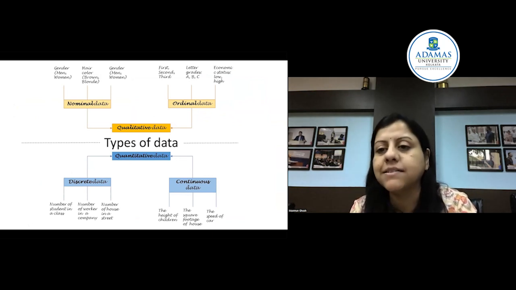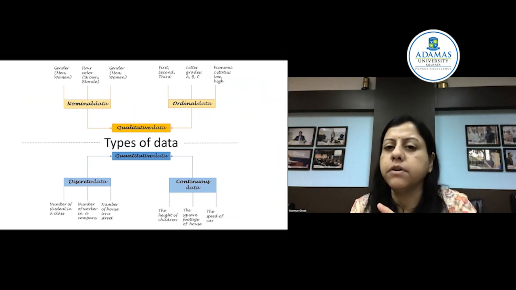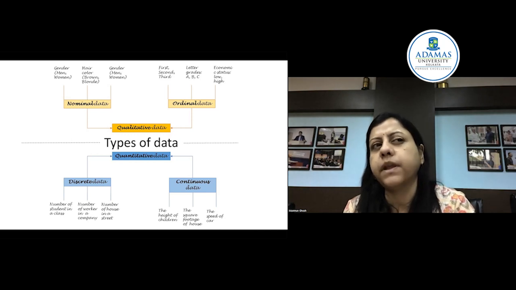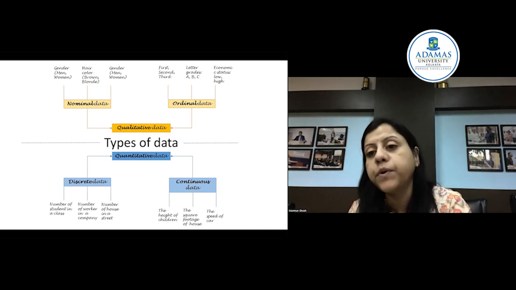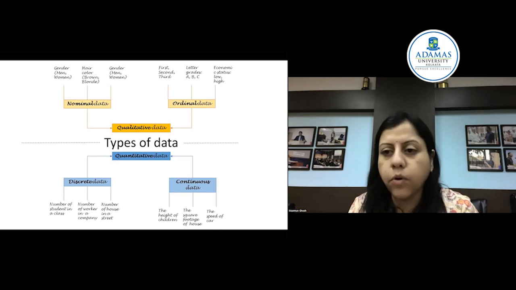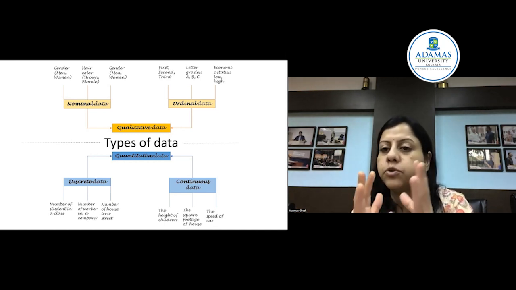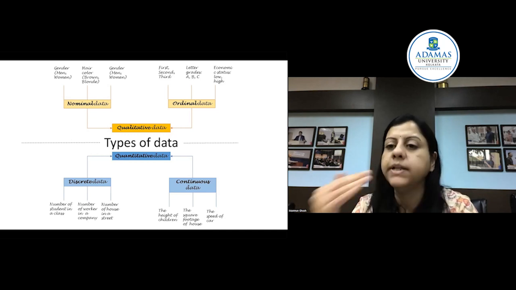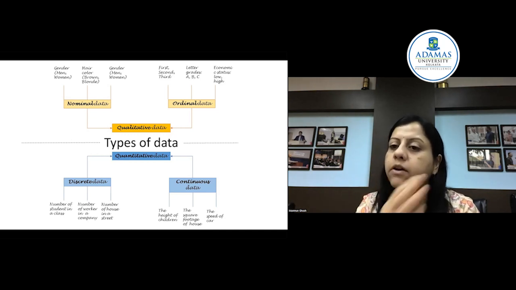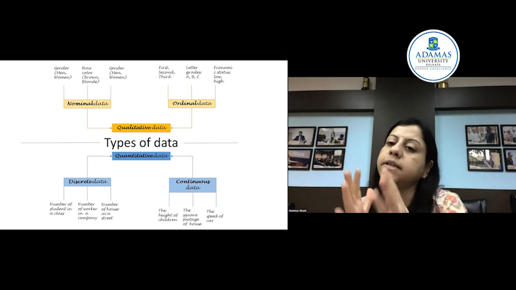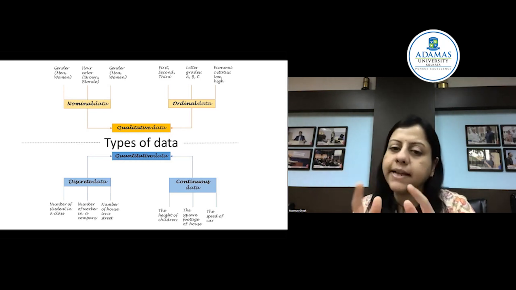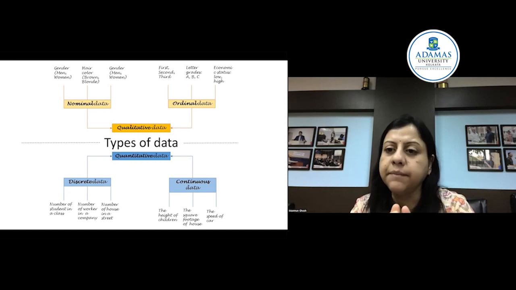Your economic status, your income range, the marks you have scored, your average, how long you have been in that place. All these are also data which you can actually code. Some have no meaning to the coding, while others have certain meaning to it.